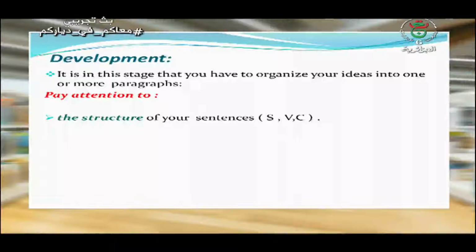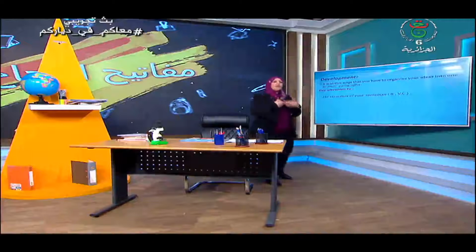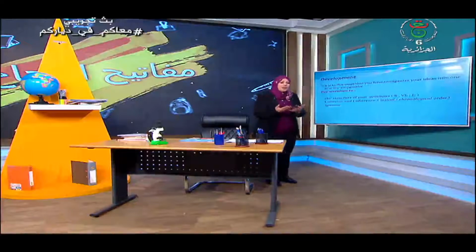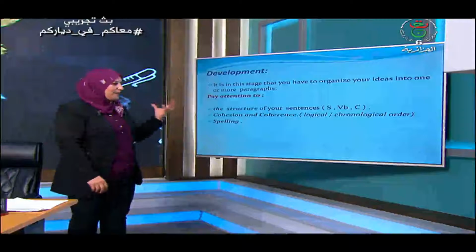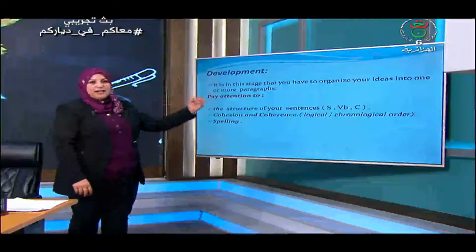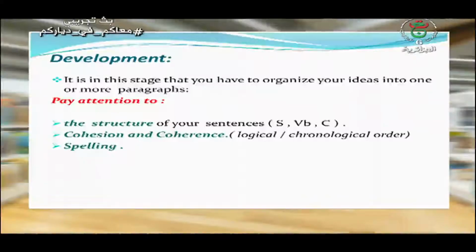But still we have to pay attention to certain points. The first point is the structure of our sentences. As I said before, the notes we provide you with are not full sentences. So rewrite them into correct sentences containing a subject, a verb, and a complement.